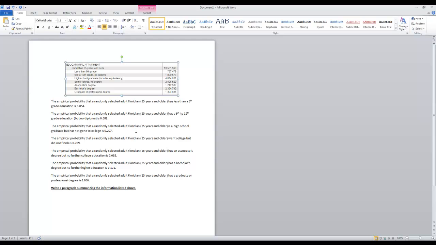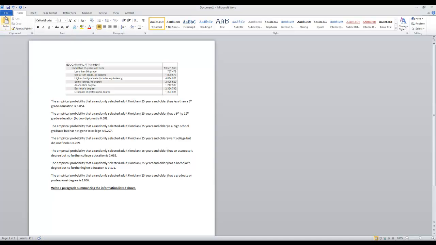Then double check yourself, make sure they all add up to 1, and that way you know you did your math right. Easy way to check yourself. Then write a little paragraph. Nothing crazy here, not a long paper or anything, just a paragraph summarizing and highlighting your findings. Okay? So that is the gist of this portfolio.